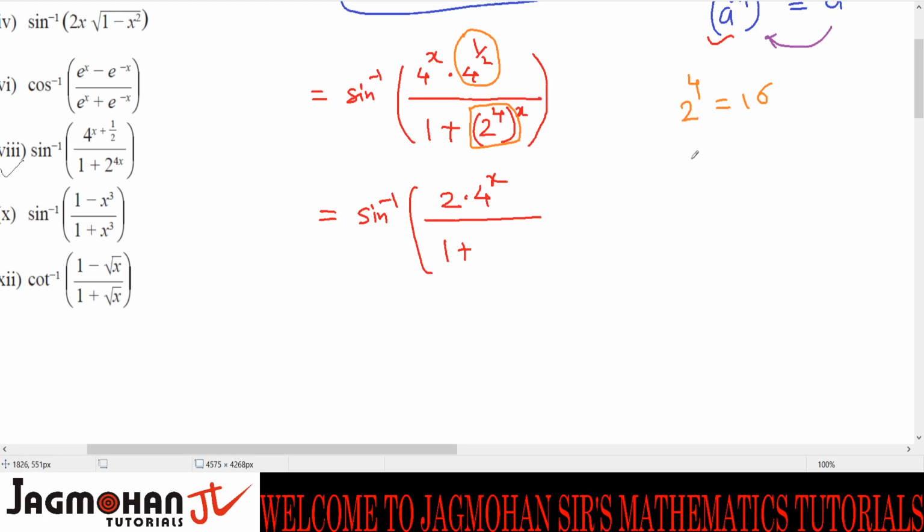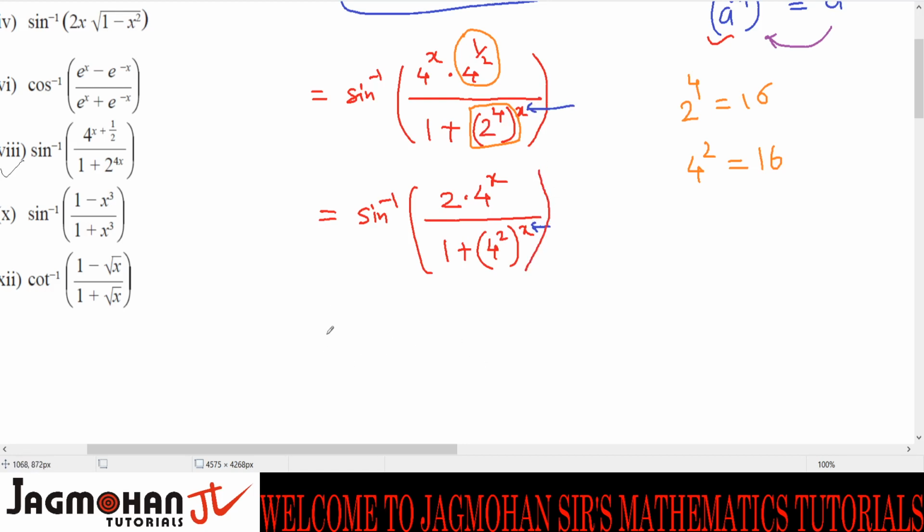And if I ask you students, what is 4 raised to 2 equal to? That is also 16. So for 2 raised to 4, can I write 4 raised to 2? Yes, we can write. So the next step here I write is 4 raised to 2 the whole raised to x. This x I am keeping as it is, exactly the same way here. I have not done anything to x, the only thing I have done is 2 raised to 4 is equal to 4 raised to 2, so I have written that.